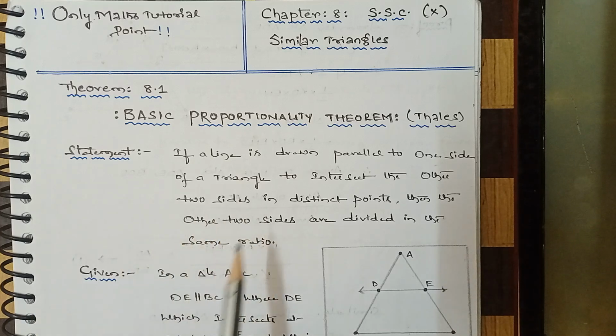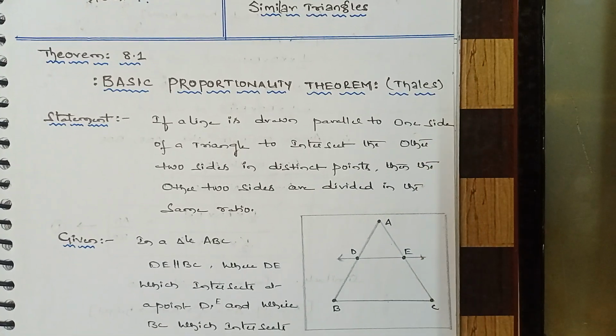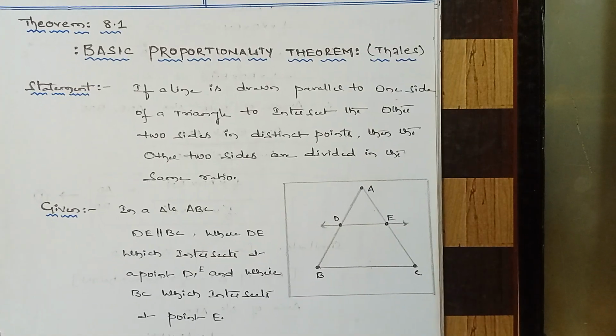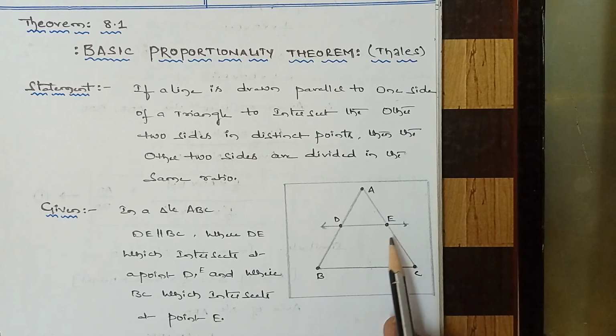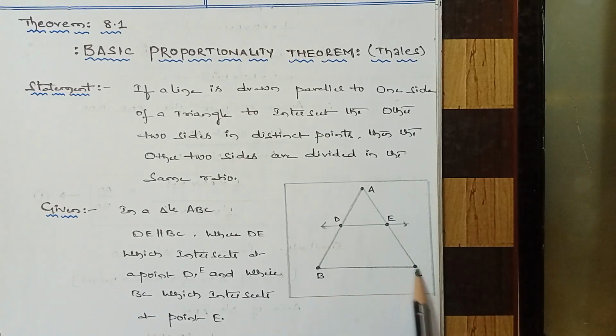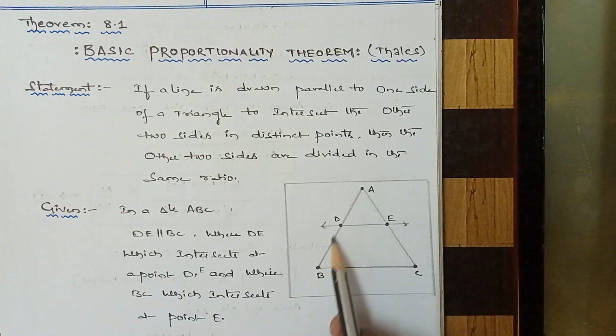It states: if a line is drawn parallel to one side of a triangle to intersect the other two sides in distinct points, then the other two sides are divided in the same ratio. What does that mean? If you draw a triangle, take a line which is parallel to the third side. Here AB is one side, AC is one side, BC is the other side.